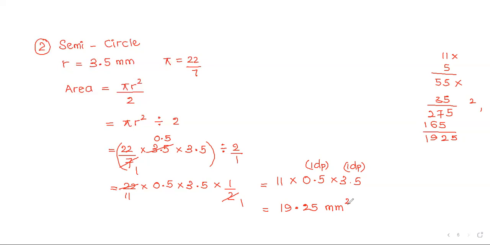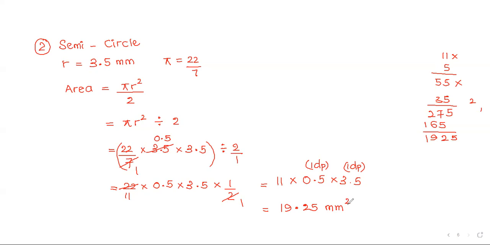Then the 2 becomes the denominator when I convert the division into multiplication, and 2 and 22 I can simplify, it gives me 11. 11 multiplied by 0.5, without considering the decimals, I just multiply 11 by 5, it is 55. Then 55 I multiply by 35.